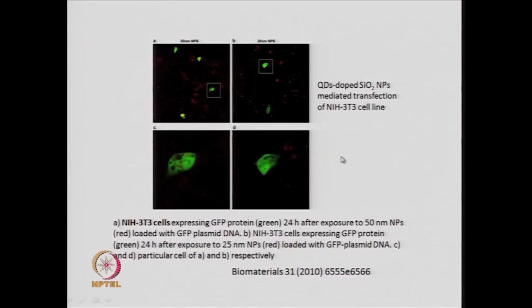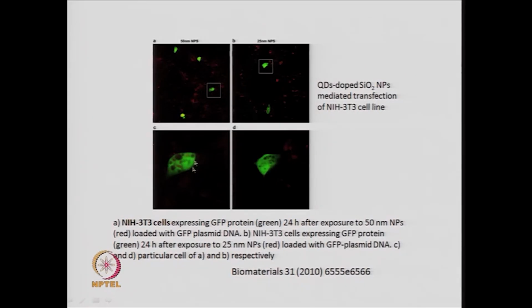Now, this is another example with another type of cells. These are called NIH3T3 cells, and here also you can see that the GFP protein is showing up. That means the cells are still alive. So, these are typical regions from these places. This is a zoomed image of these parts.